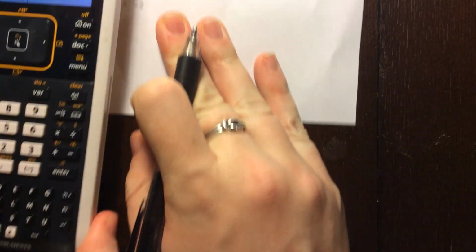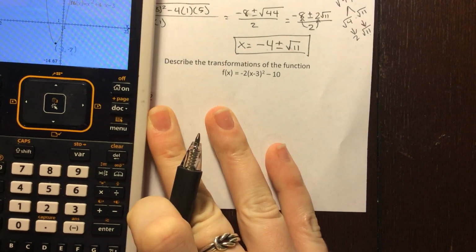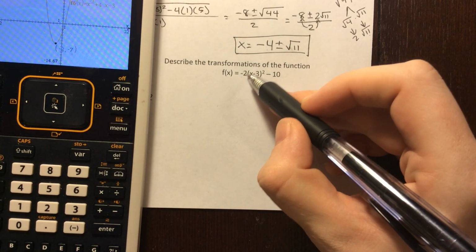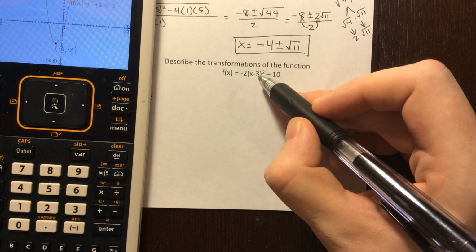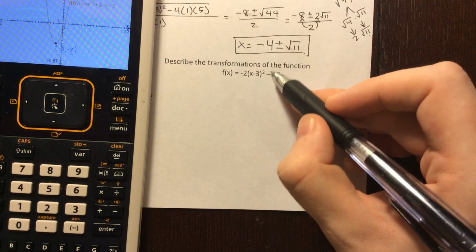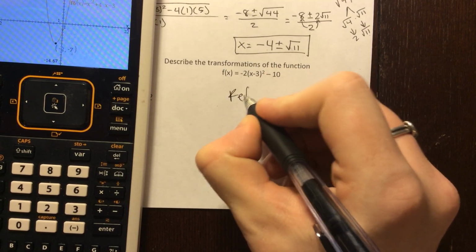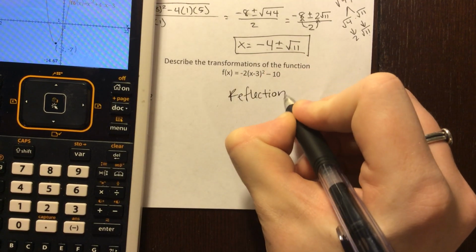The last one, describing transformations. You want to remember that the number in front tells you if it's a reflection or stretch or compression. The number inside tells you left or right. The number outside tells you up or down. So that negative 2 tells us there's a reflection because it's negative.